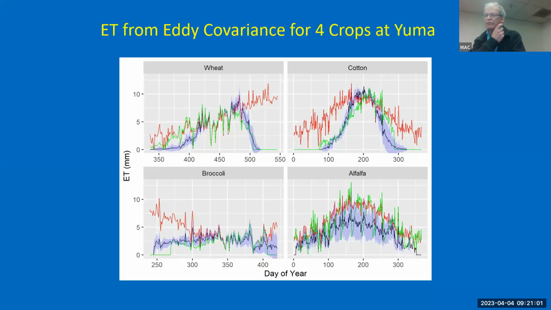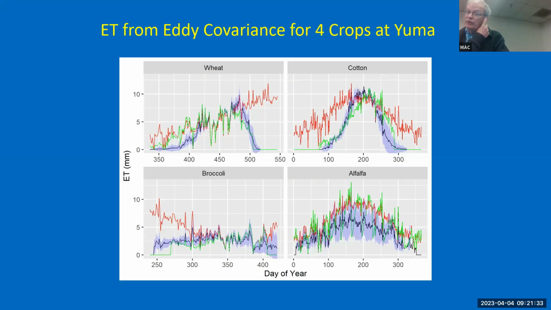Here's a summary of four crops we've looked at in Yuma, showing the variability throughout the growing season for wheat, cotton, broccoli, and alfalfa. It shows the difference between potential and actual evapotranspiration, and the range of variability between experimental sites, because everyone is a little different depending on soil type, irrigation practices, and the weather.